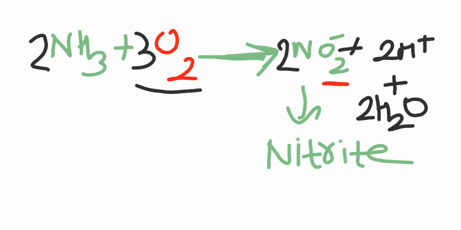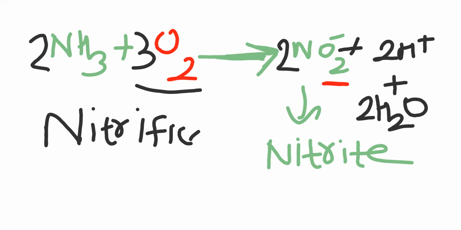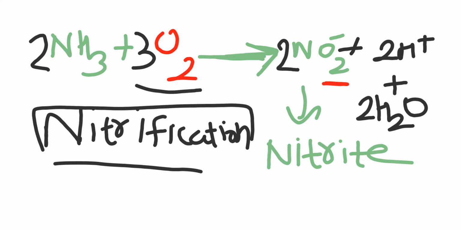That process, this is the first step of nitrification. This is the first step of nitrification. Right? For that, which organisms actually perform this reaction? Because this thing happens in the soil.